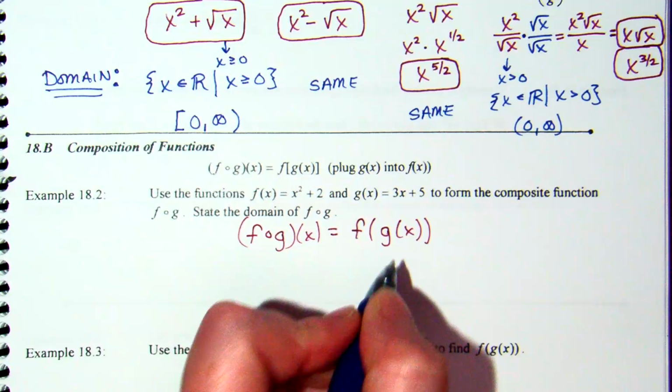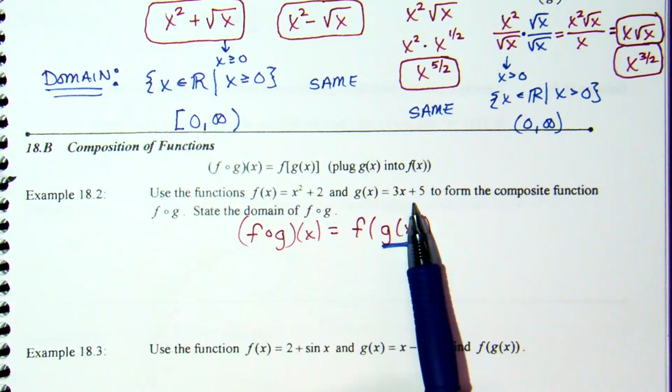Inside function is g. So I'm going to take whatever g is, and I'm going to plug it into f. So what is g? 3x plus 5. I'm going to take that 3x plus 5 and plug it into f. Where does it go in f? In place of the x.